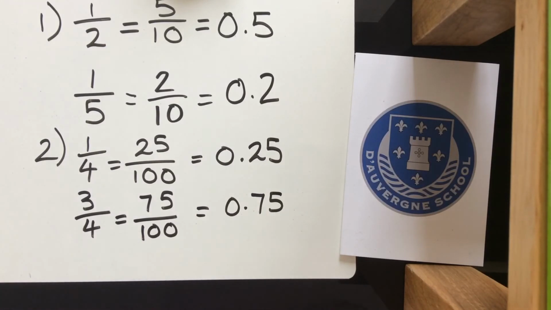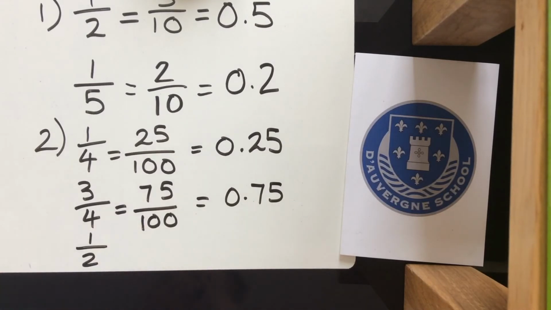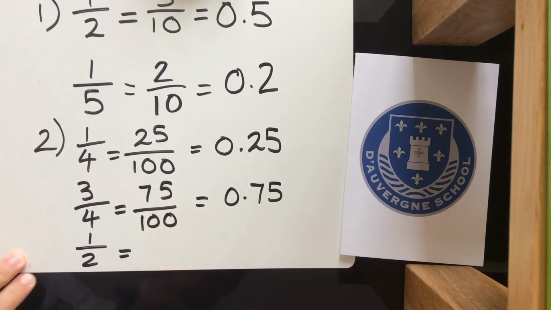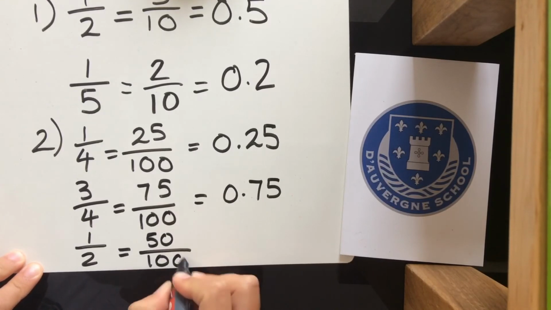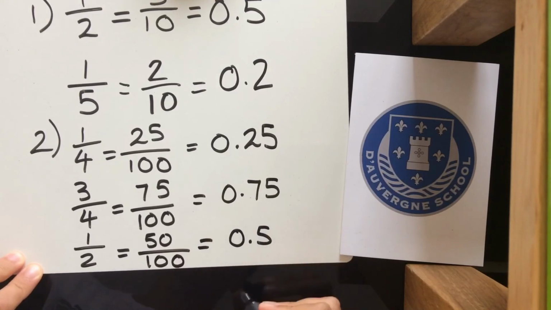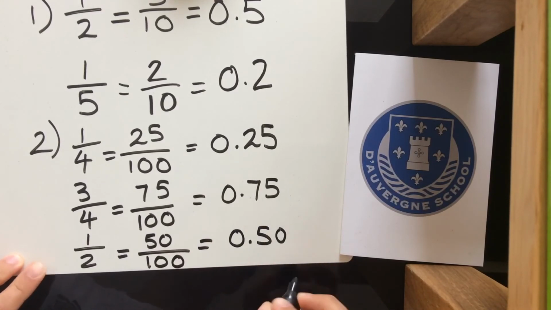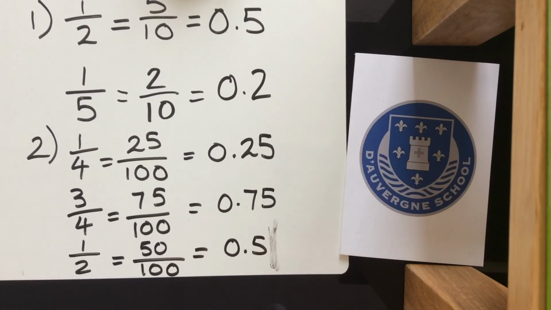Then it says suggest another fraction which can be written as hundredths. This one actually is quite easy. We can write a half as hundredths. So what would that be? What's a half in hundredths? 50 hundredths, which as a decimal is 0.5. Okay, you could put the 0 on the end, but as we said previously, we don't need that.